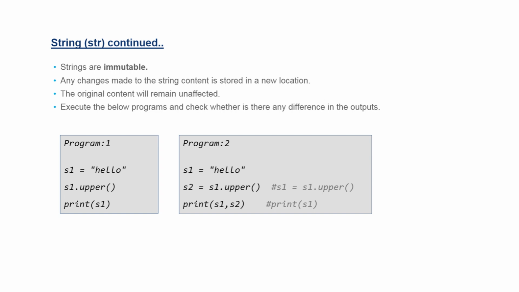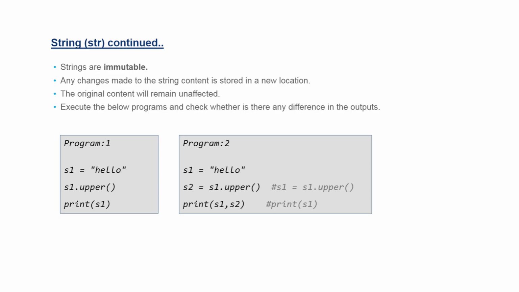Next, second line, S1 dot upper. Dot upper is a built-in method, which means the string that is assigned to S1 will be converted to uppercase. But see here, we have given S1 dot upper.